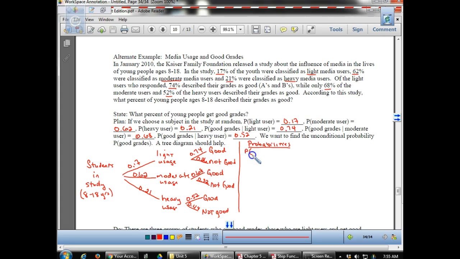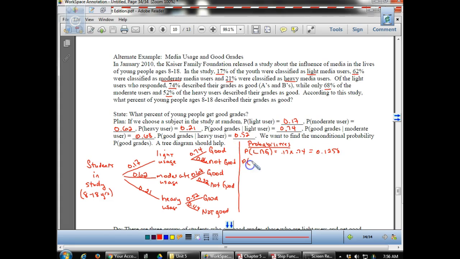So the first one is the probability for light usage and good grades. That's when you would multiply along the path like this, times 0.74, and I get 0.1258.